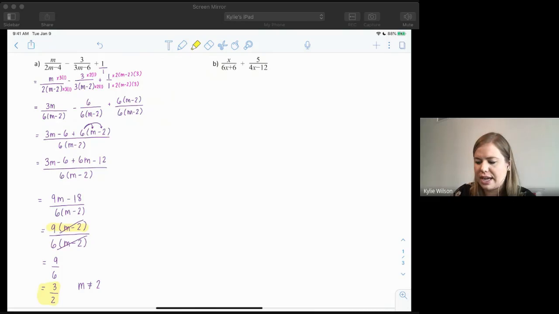So here I have 9 times m minus 2. And by everything being multiplied, I mean that stuff with addition and subtraction signs are in brackets, separated and together. So because everything's multiplied on top, and I have a matching bracket and a matching bracket, that means that I can cancel out.